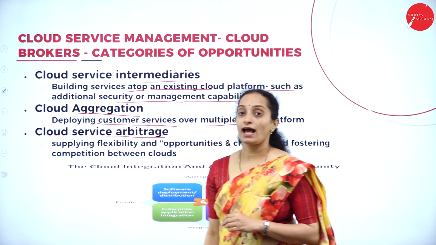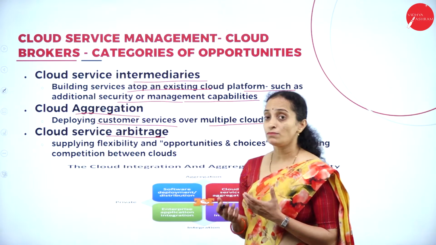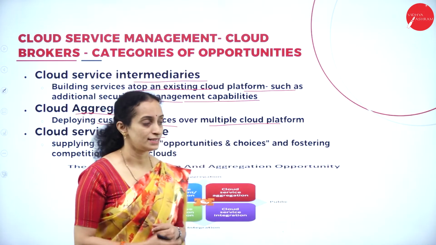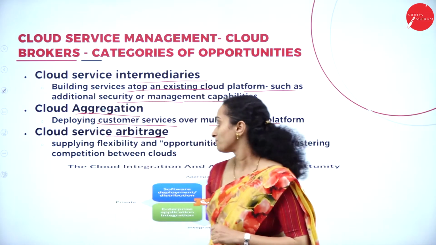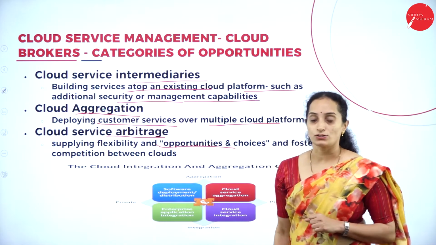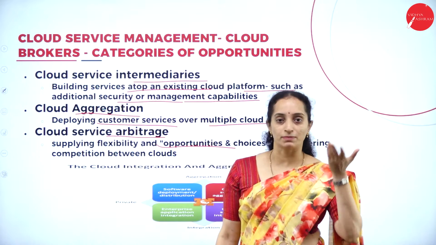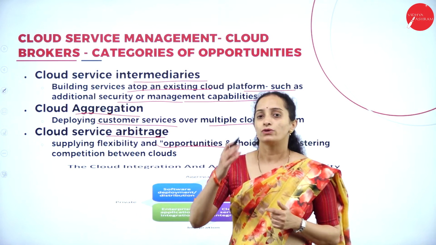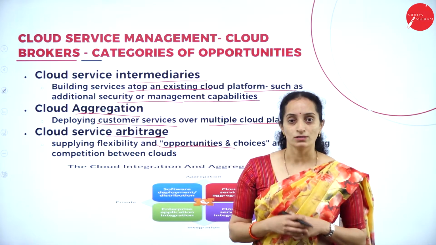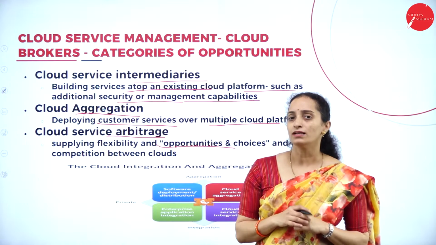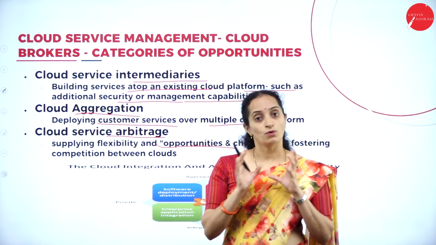Along with that, you can have cloud service arbitrage. What is the meaning of the term cloud service arbitrage? You can have flexibility in services, opportunities and choices. You can get a service for 6 months from one cloud provider and another service for 1 year from some other cloud provider. There is no fixed rule that you must get a service for only this much time or only these services.